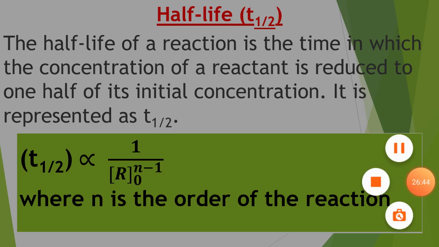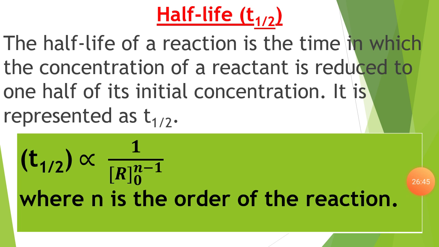Now half-life, denoted by T half, as the name indicates, half-life. The half-life of a reaction is the time in which the concentration of the reactant is reduced to 1/2 of its initial concentration. It is represented as T half. So we can write a general formula for the T half.